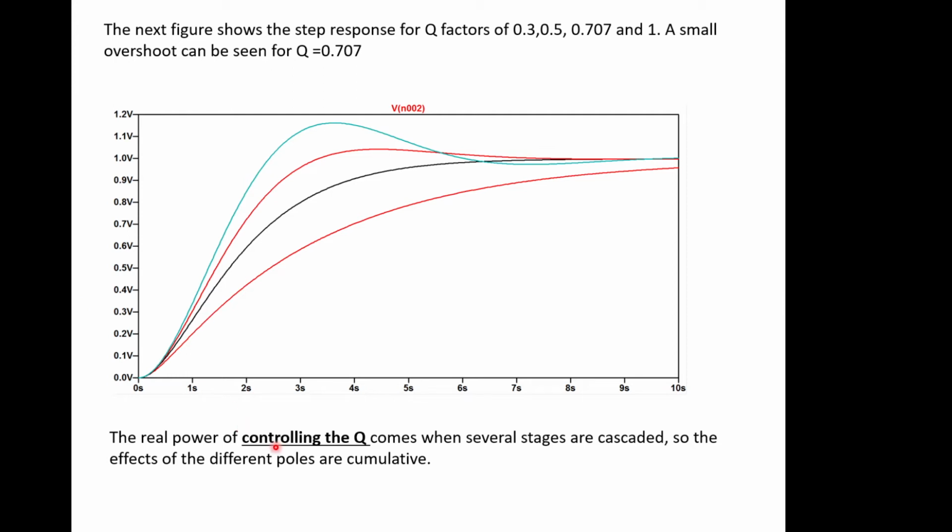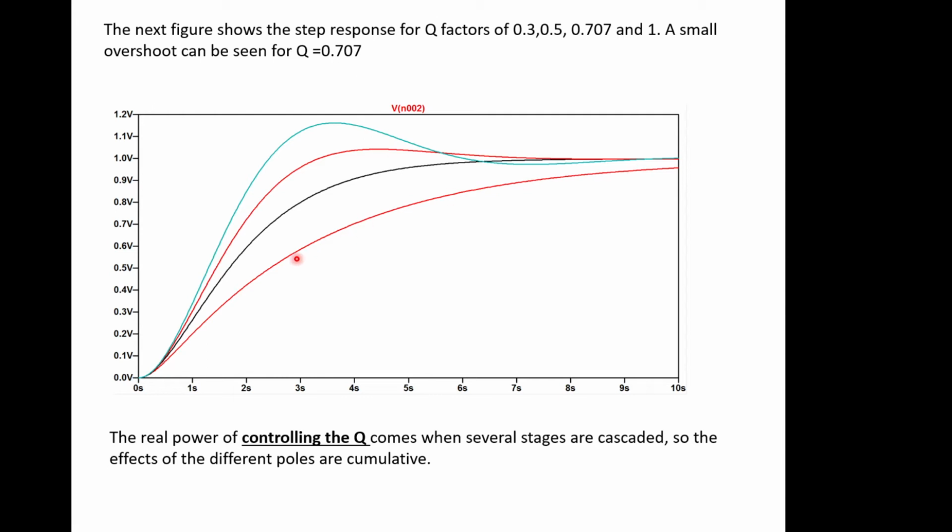So if you're interested in the step response of this, so the time response, so we're not looking at frequency, looking at time now, you can see if you hit something with a step response, so we hit the system with a signal coming in, stepping from 0 to 1 volt up here. Different Q factors respond at different rates, and you can see a low Q factor is highly damped, and so it takes a long time to respond.